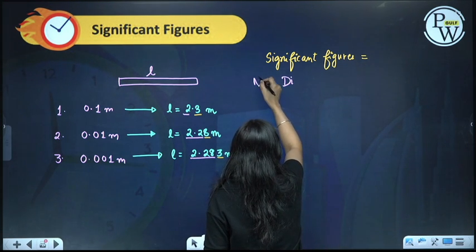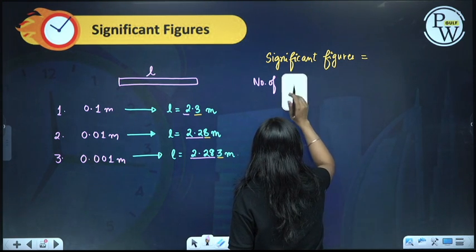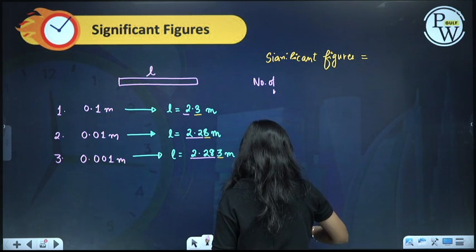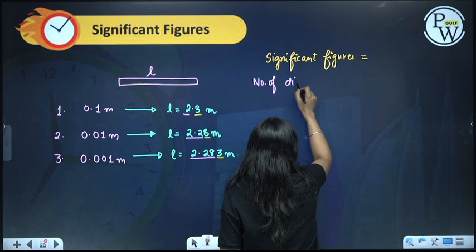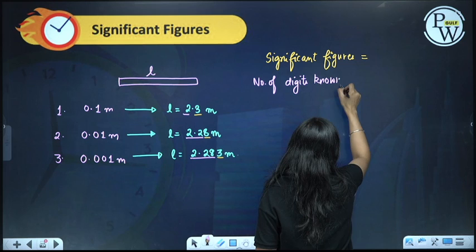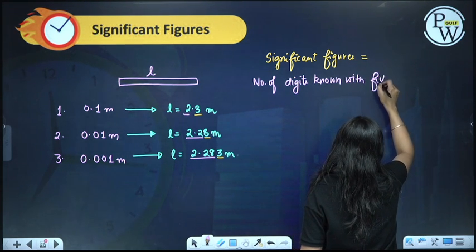The number of digits known with surety or full certainty.